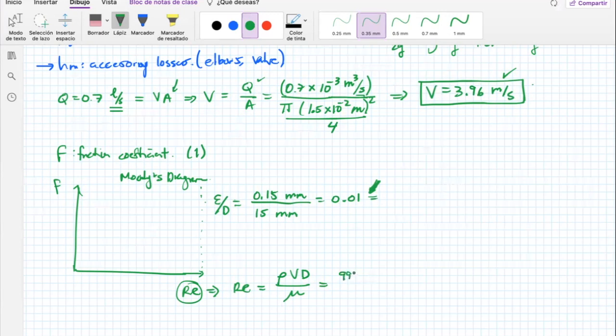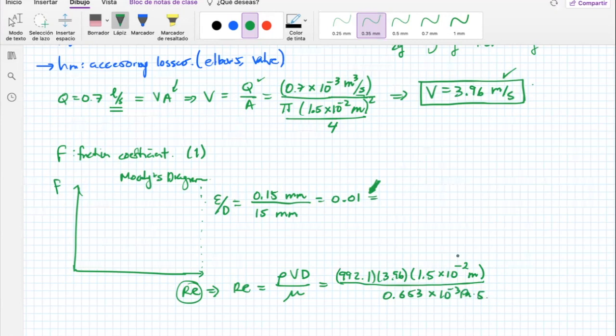So it's 992.1, multiplied by the velocity, 3.96, and then multiplied by the diameter, which should be in meters, so again 1.5 times 10 to the minus 2 meters, and everything divided by 0.653 times 10 to the minus 3 pascal-seconds.